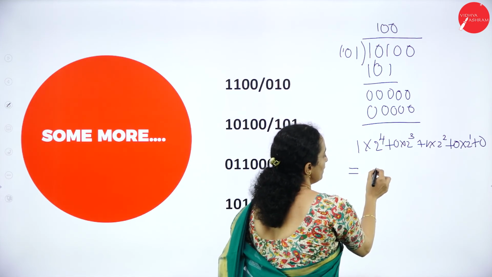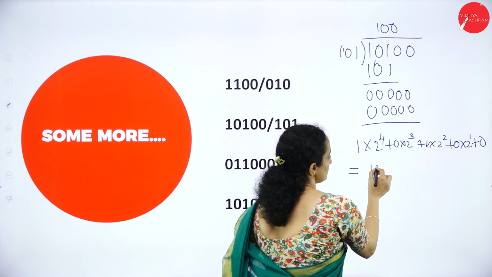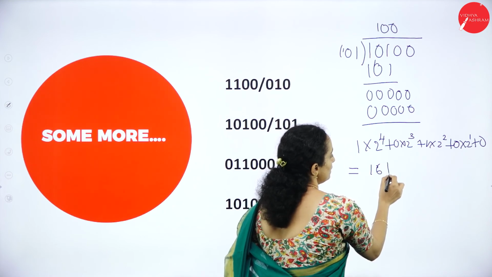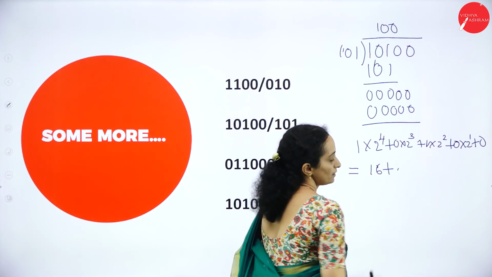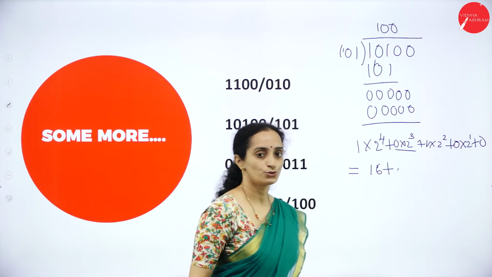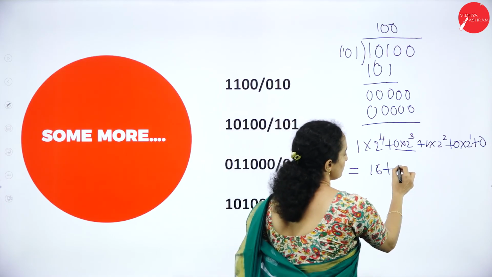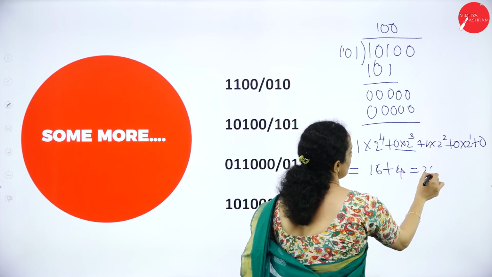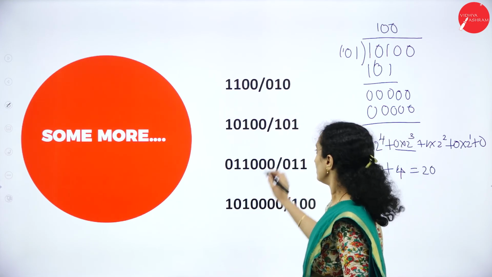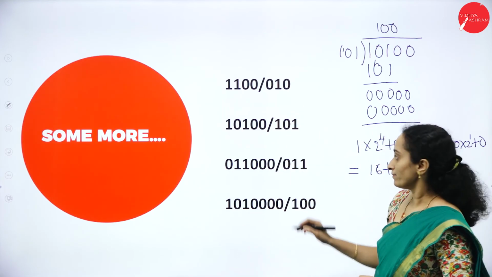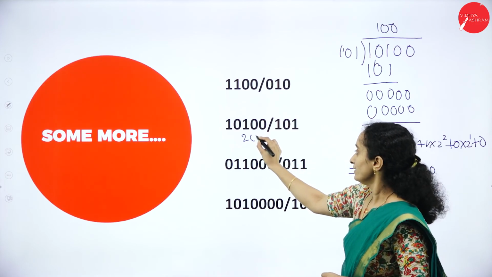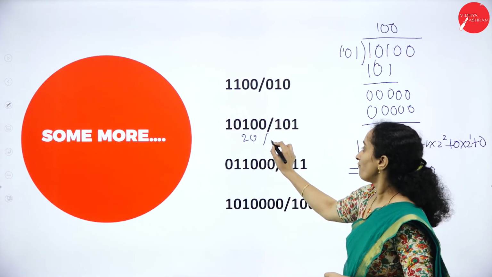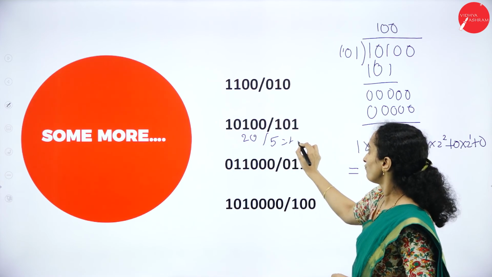Now it will be 16 plus 0, plus 2 to the power of 2 is 4, which gives 20. 20 divided by 101, and 101 is 5, so 20 divided by 5 results in 4.